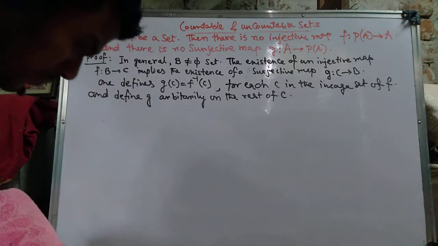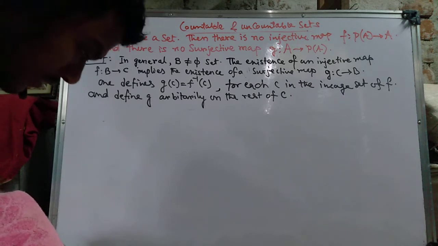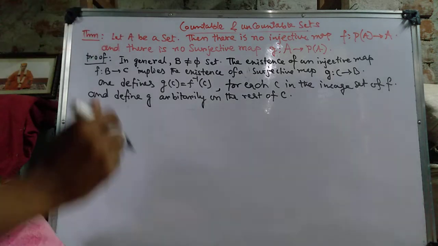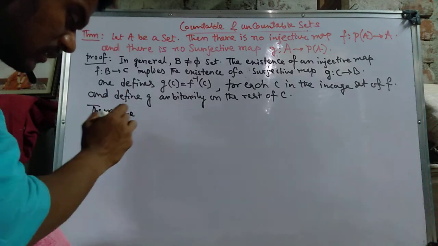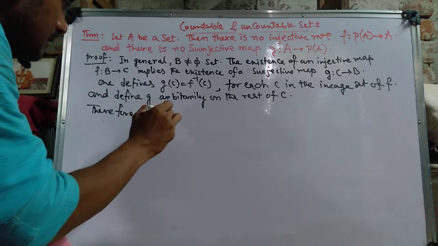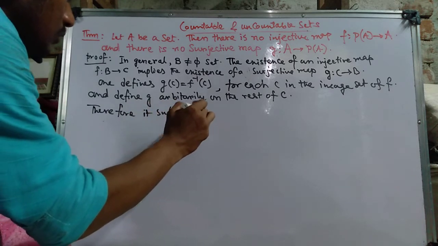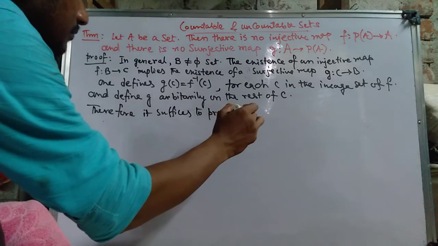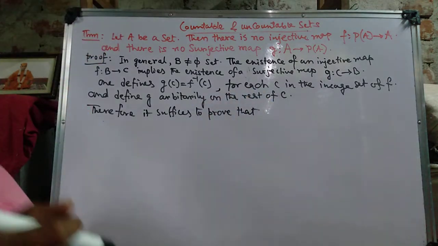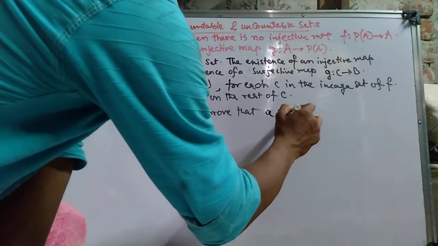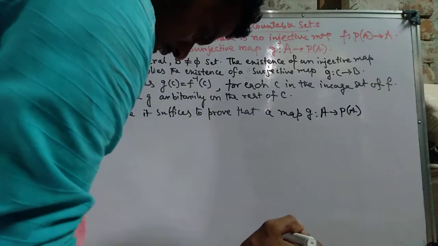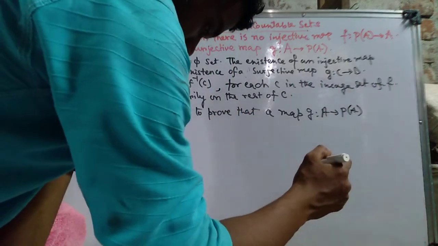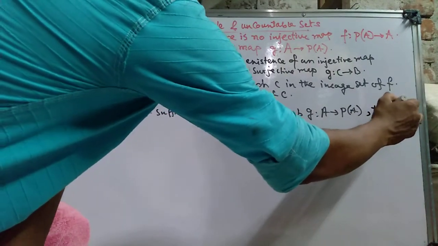Therefore, it suffices to prove that given a map g from A to the power set of A, the map g is not surjective.